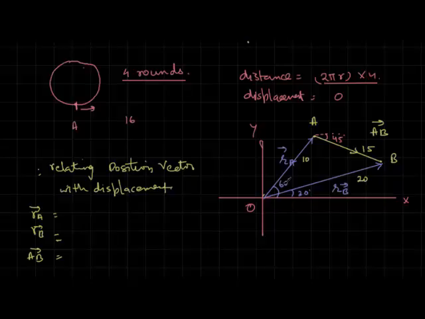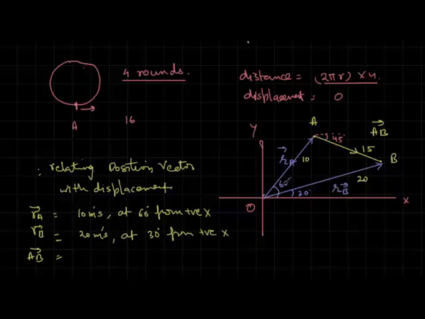So I hope you have tried it. Now, our RA vector in this case is 10 meters at 60 degree from positive x-axis. Our RB vector is 20 meters at 30 degree from positive x-axis.